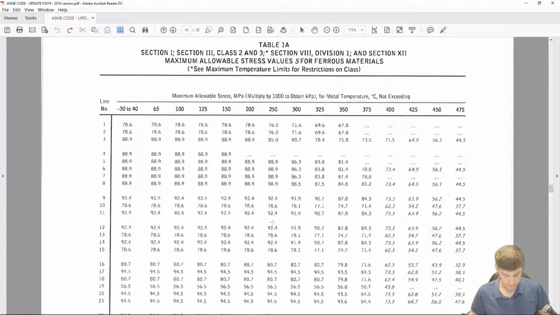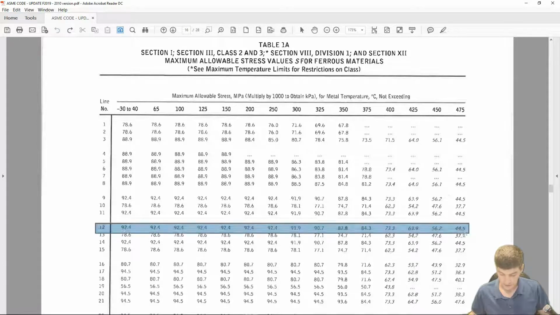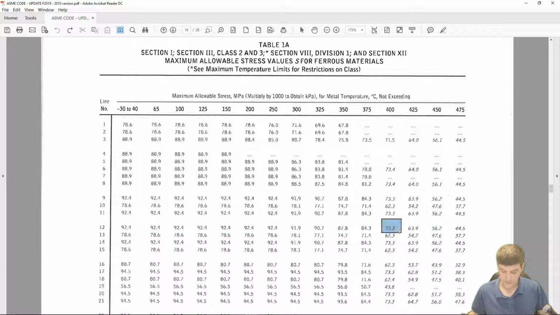So down to number 12, and I'm going to come across, and I know that my temperature for my tube is 400 degrees, and so the intersection of 400 and 12 is 73.3.